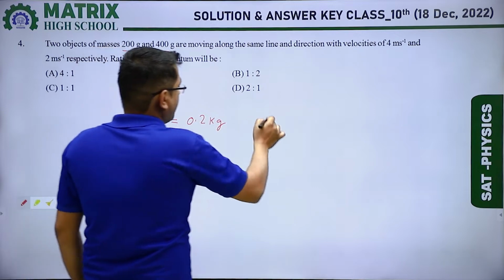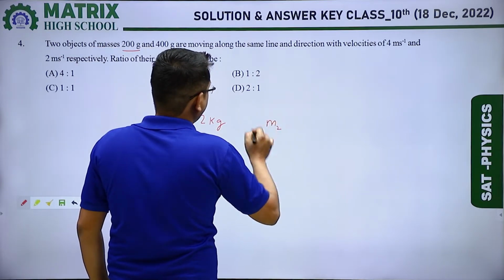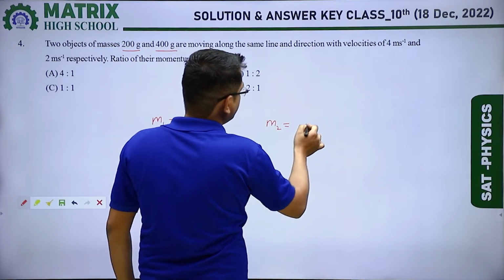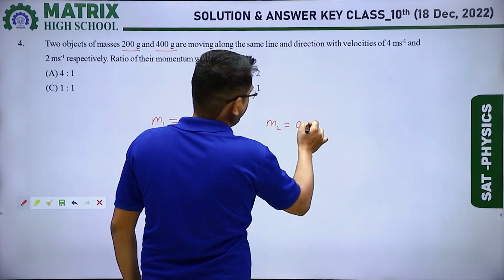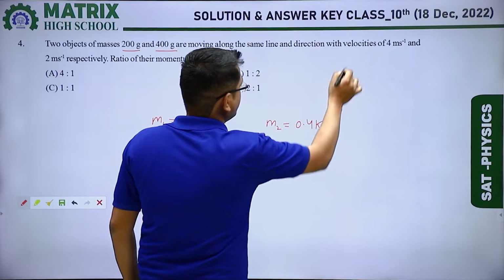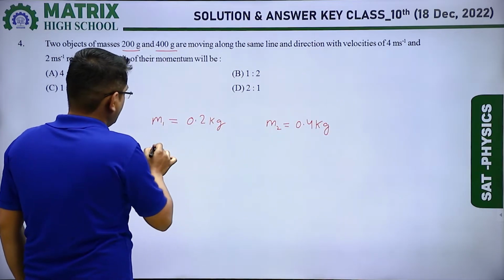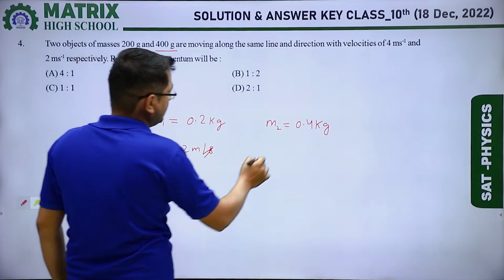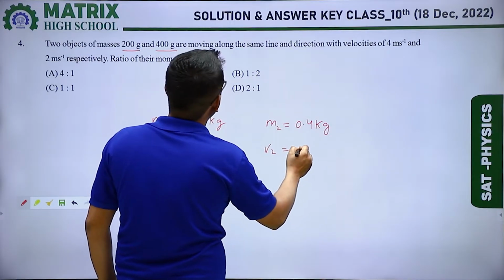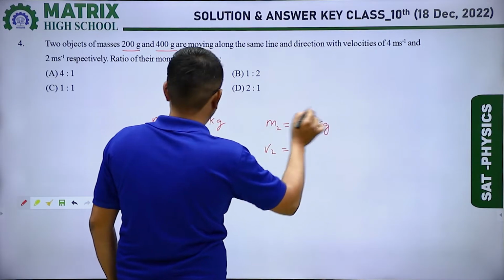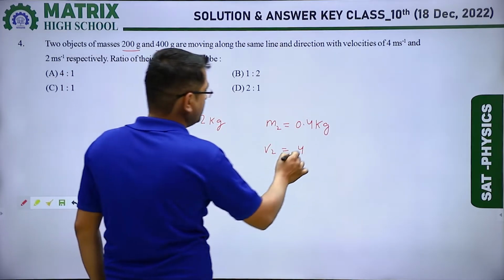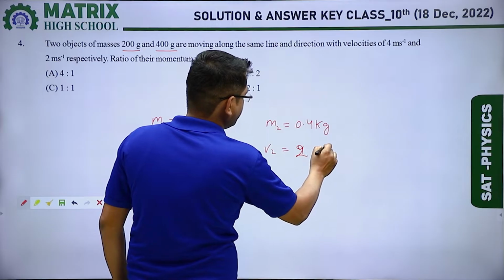Similarly, the mass of the second body, M2, is 400 gram, which becomes 0.4 kg. Their velocities are V1 equals 4 meter per second and V2 equals 2 meter per second.